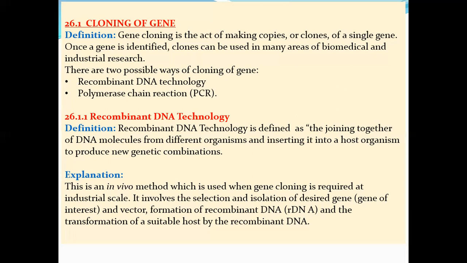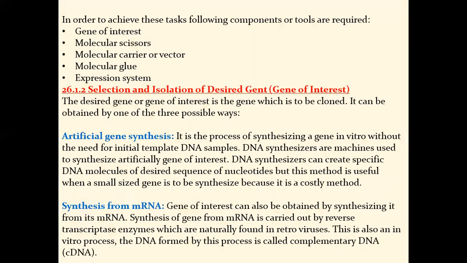We will use some molecular scissors and so many other things for this procedure, and we will study it stepwise. So here first of all we will select a gene and isolate it, and then the transformation of a suitable host by the recombinant DNA.